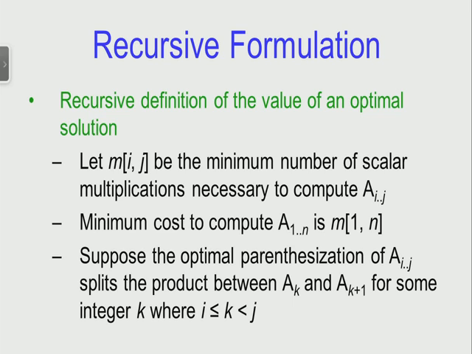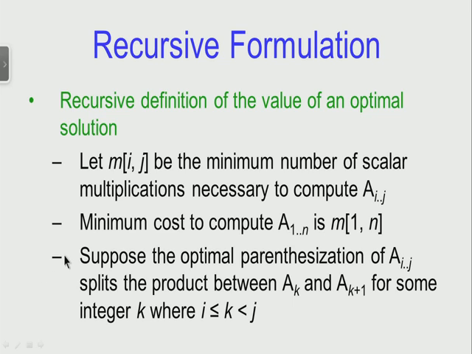Now, we can see that the minimum cost to compute the chain product A1 to An, recall this is A subscripted by the range 1 to n, is the value m of 1 comma n.